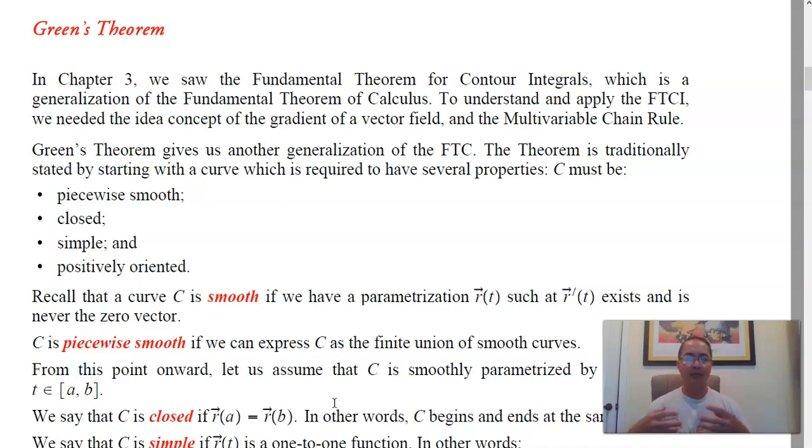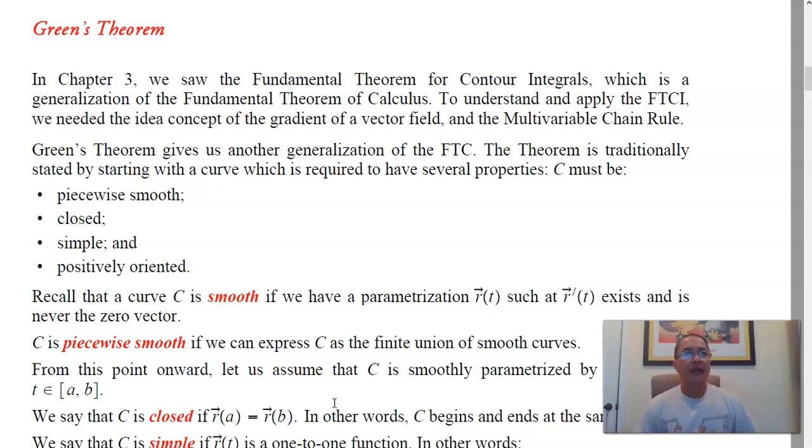So we compute a contour integral not by directly plugging in the parameterizations and then finding a derivative, taking a dot product, and so on, but instead we look for a potential function if that vector field happens to be a conservative vector field. And then all we have to do is plug in the endpoints. Plug in B, plug in A, subtract, voila, you get the value of the contour integral. Unfortunately, that only works when your vector field is conservative.